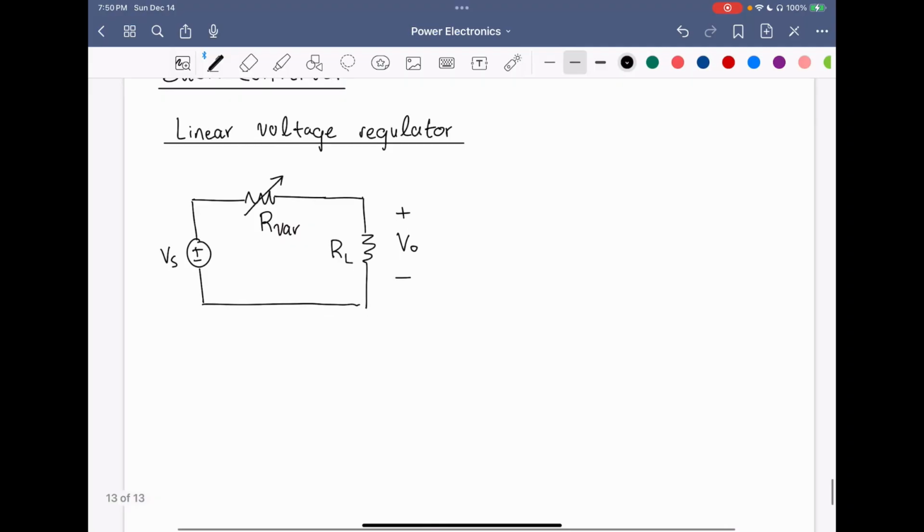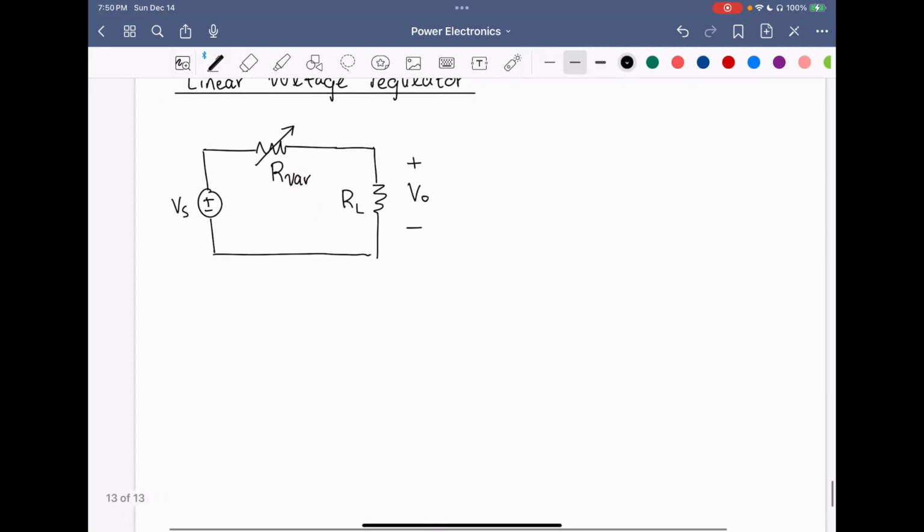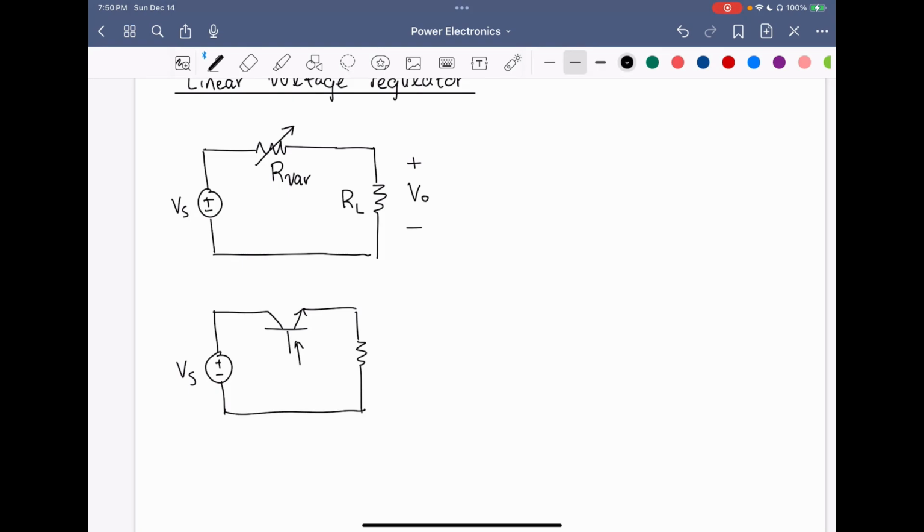Now, how this circuit is actually implemented, particularly the variable resistor, is that we have some type of transistor, such as a BJT, and this BJT has an effective resistance in which by varying the base current IB into this BJT, we can vary the effective resistance.